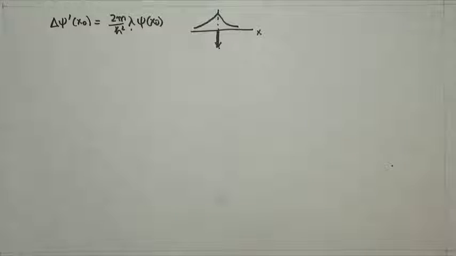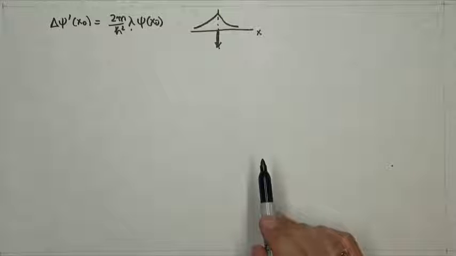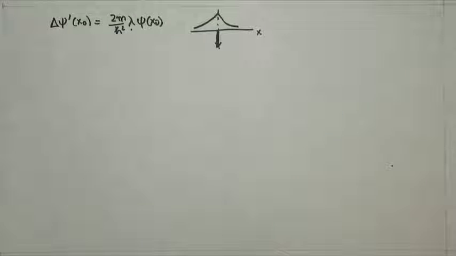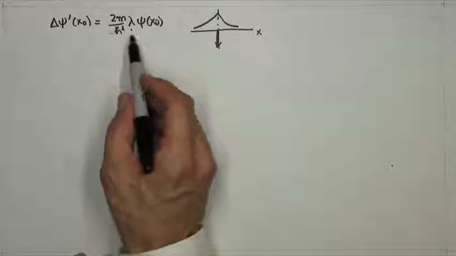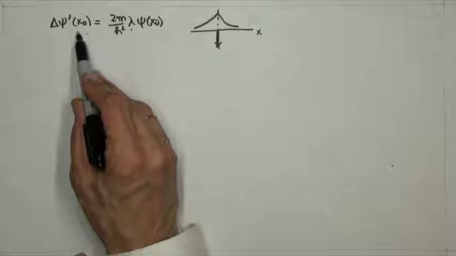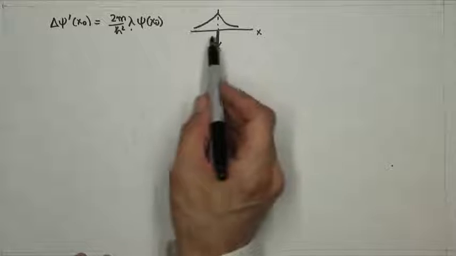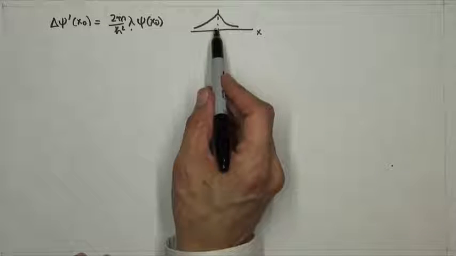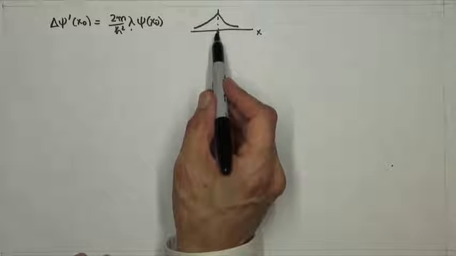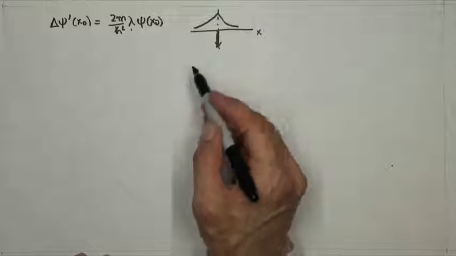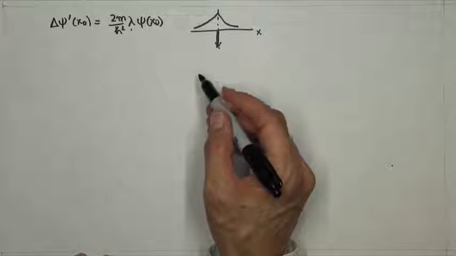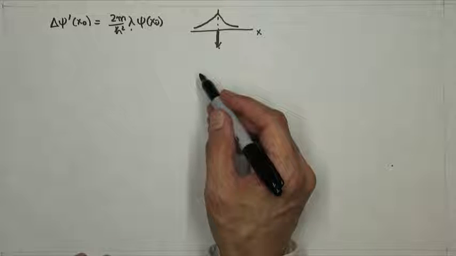So let's go back to the problem we were trying to discuss, a potential with many delta functions. Now that we've dealt with the effect of the delta function on the wave function, which is just a boundary condition for the derivative of the wave function, we need to consider what the wave function is doing in the space between the delta functions. And in that space, there's no potential whatsoever.